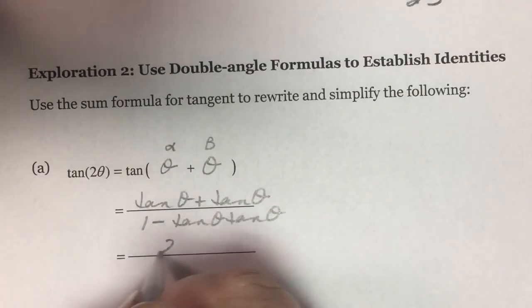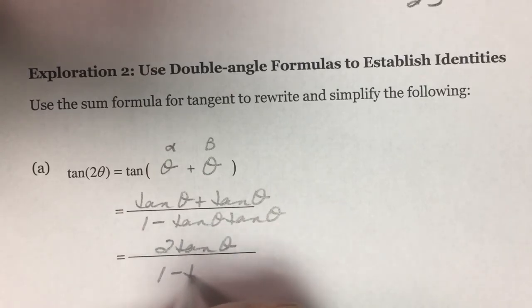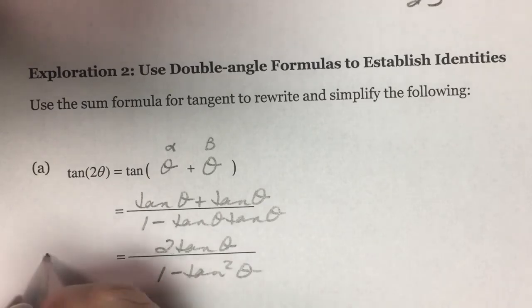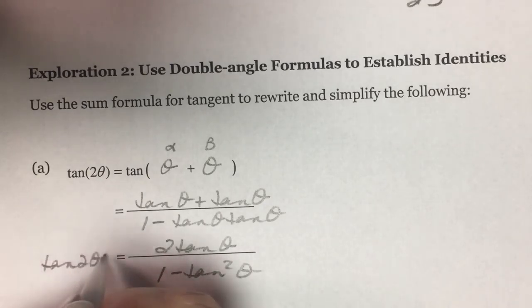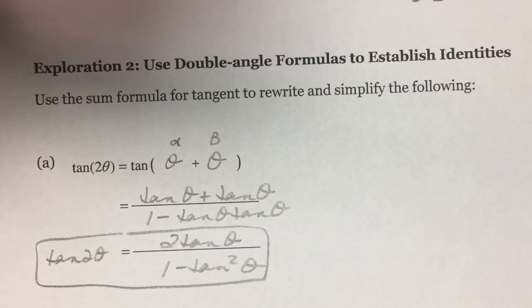Well, on the top, that's 2 tan theta, and on the bottom, it's 1 minus tangent squared theta. And that is your tangent double angle identity. Not too bad.